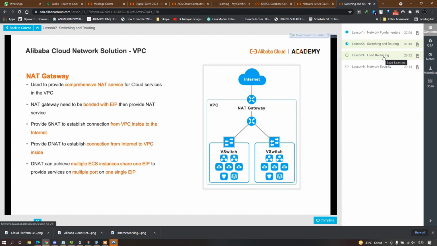If the EIP is bound to an ECS instance, it cannot be used by any other ECS instance. But in the NAT gateway, we use DNAT, and with this feature multiple instances can share one EIP. So this is the advantage of NAT, that we can save EIP resources. This is the advantage.